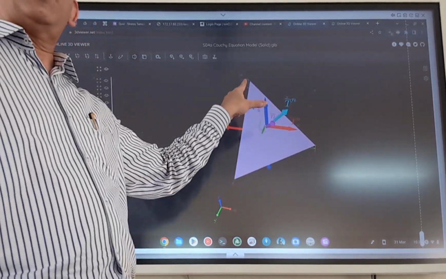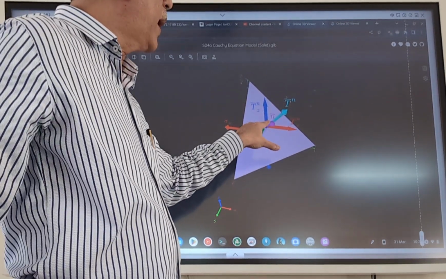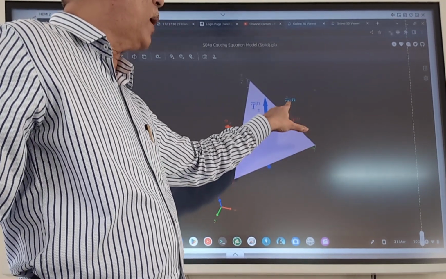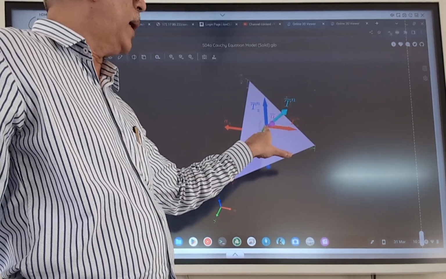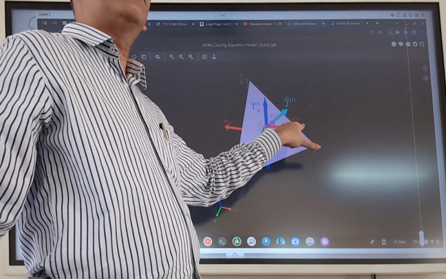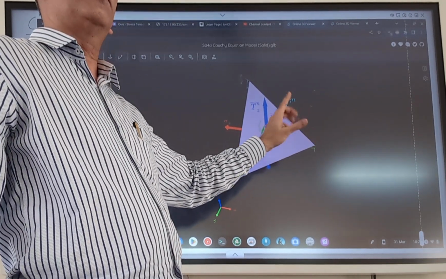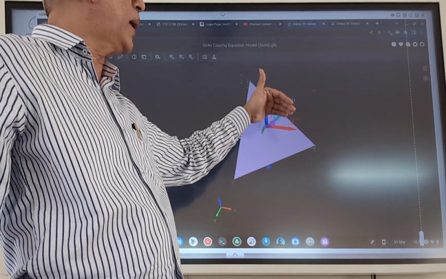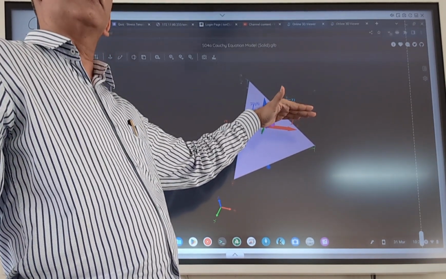On this arbitrary plane which has normal vector n bar, you have the component of this Tn bar along the x axis as Tnx bar. So this is the Cartesian component of this traction vector along the x axis.